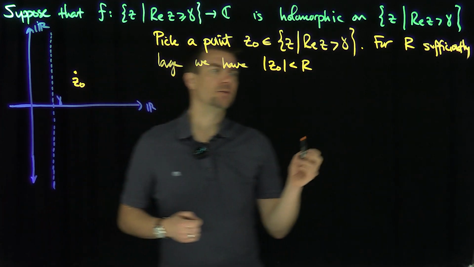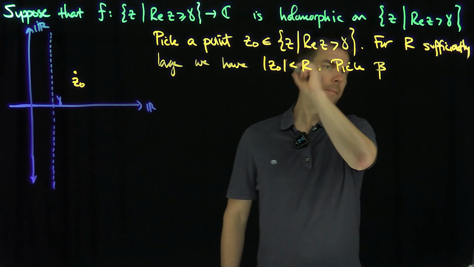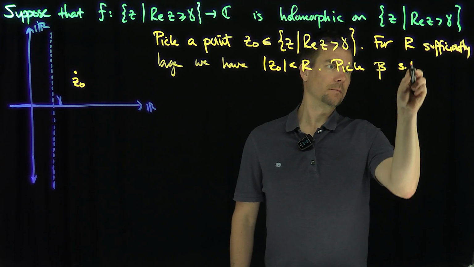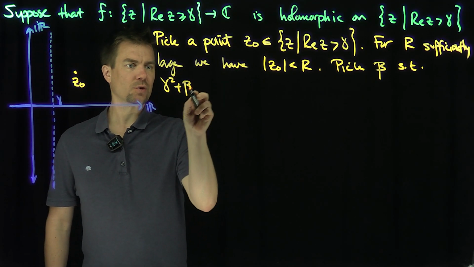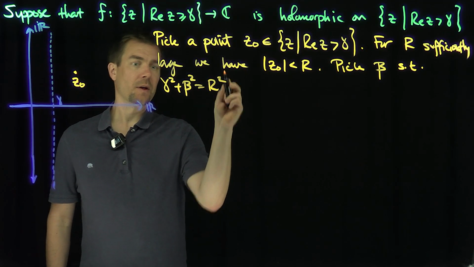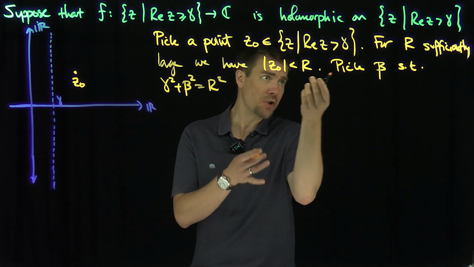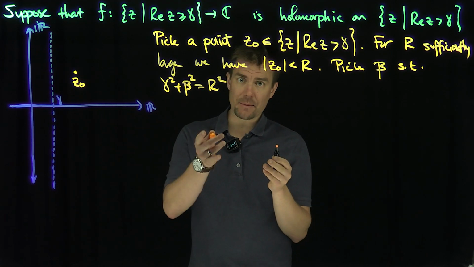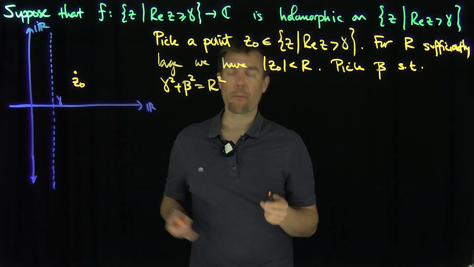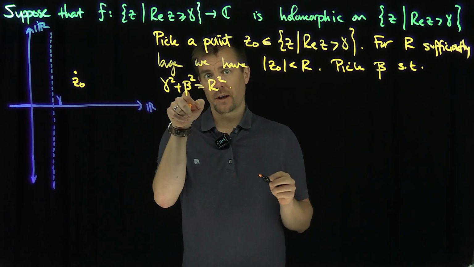And so pick beta such that gamma squared plus beta squared is equal to r squared. That's of course possible because gamma is fixed and r is known. I can pick a sufficiently large r, then gamma is known, and I can find beta by solving this equation. And it's important to note that as r goes to infinity, so does beta.